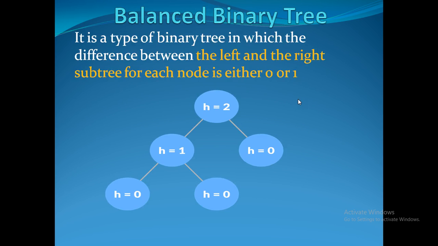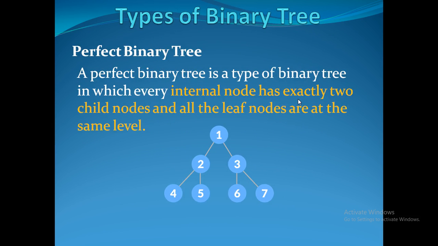Then the balanced tree. Balanced tree is one of the types of tree in which the height should be balanced. So here in binary tree, the searching time will be increased if the height of the tree is getting increased. That is very important. The searching time will be increased only when the height of the tree is increased. That is a very natural concept, because if we want to search an element, we will go to the first element, that is the root element, then move to the left, then to the right, then to the left, then to the right.